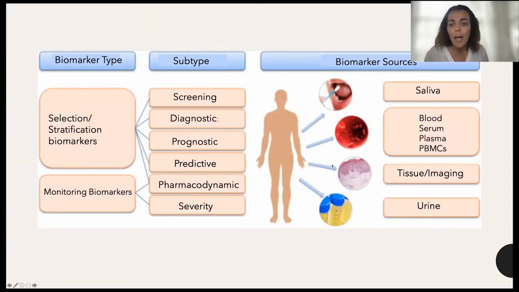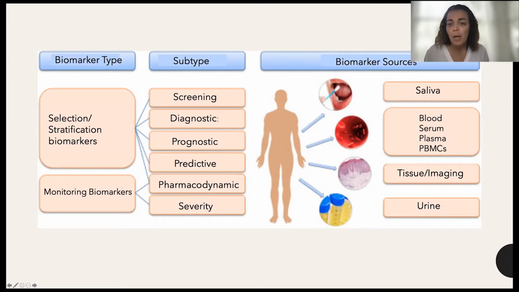So again, biomarkers are of different types. They can be used for stratification or for monitoring, and then they can be used, like I said, for diagnostic, prognostic prediction, for determining drug dosing, but also for screening. And there are different sources of biomarkers.